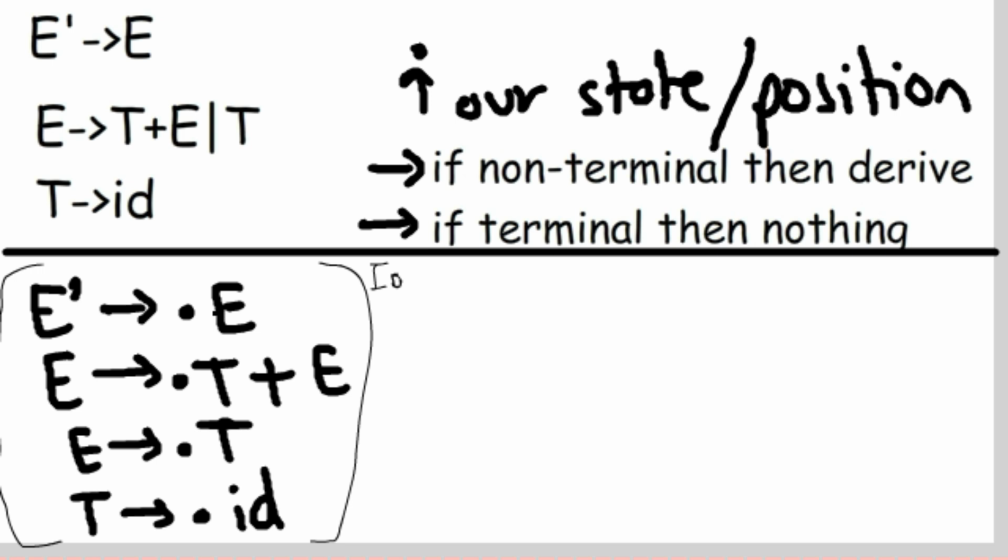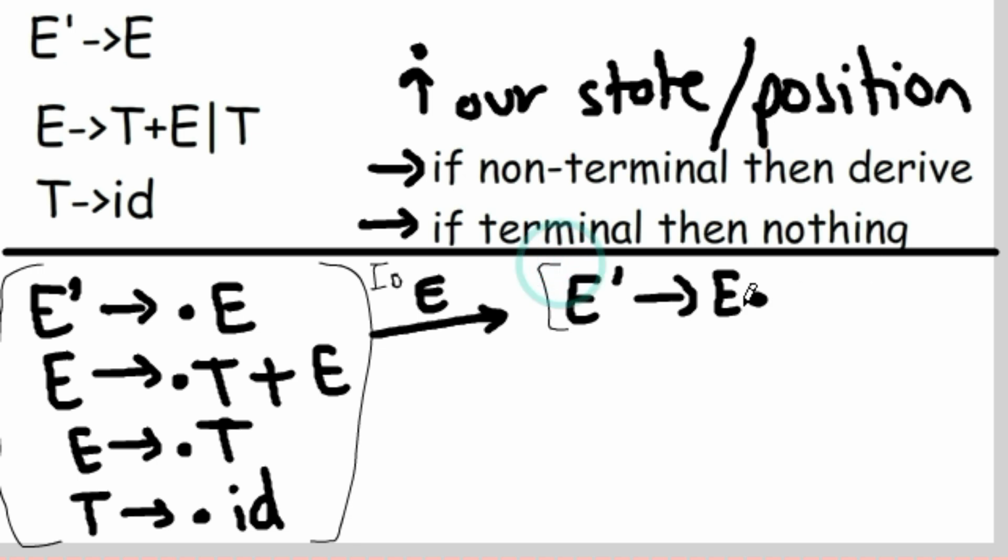So this dot has a position before E, and when this dot has a position before E, in the next state it will read E. So this dot will now read E. So you will write E above the arrow, and then you will write E dash tends to E, and dot will now go in front of E. So this dot has read E, so we write E right here above the arrow, and after reading E, the dot goes in front of the E, and this is an item.